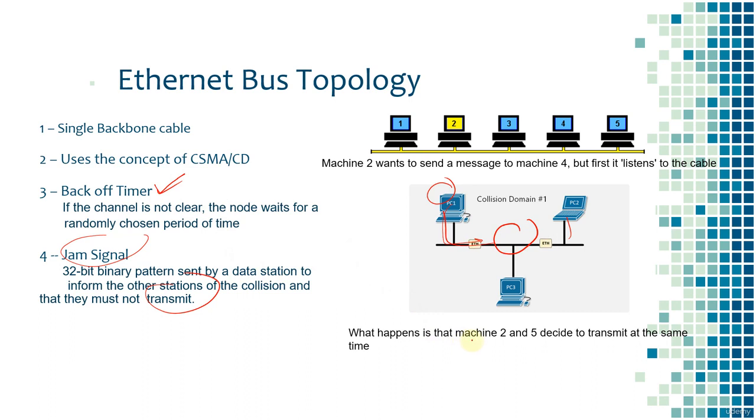What happens is that machines 2 and 5 decide to transmit at the same time. This is what is called a collision, and then they will send a jam signal to make all other devices aware.